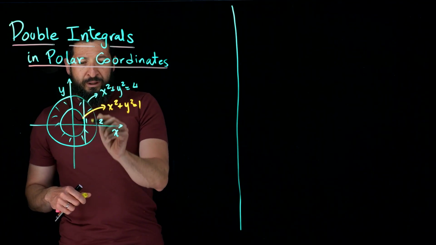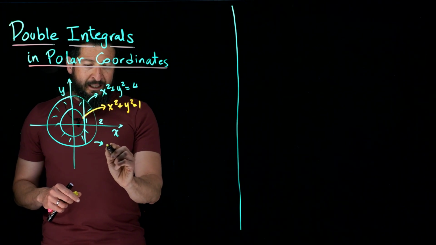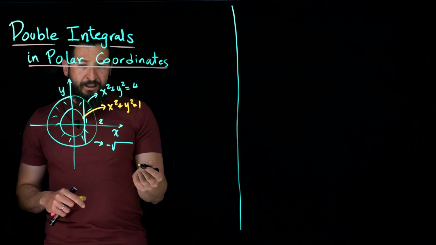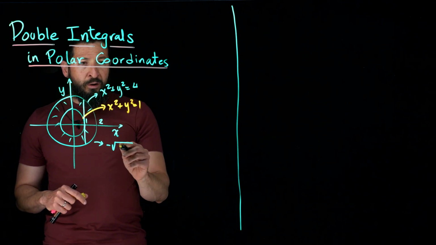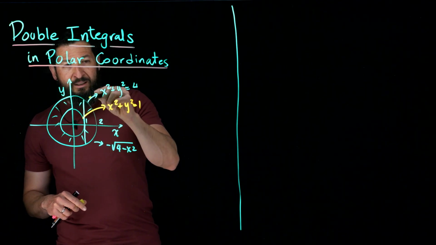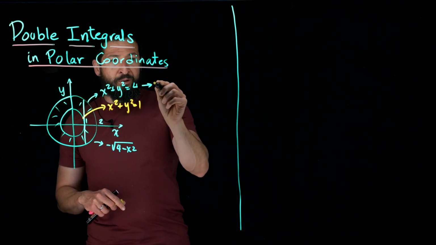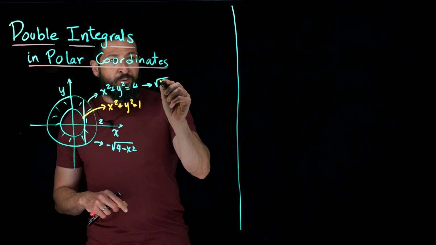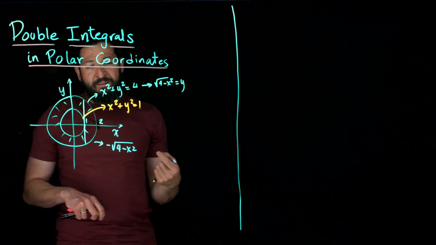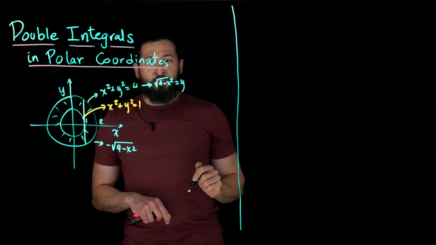This will give you one region where you would be going from the negative square root, I'm going to solve this equation for y, so you'd have the negative square root of 4 minus x squared, and then you would integrate to the positive square root of 4 minus x squared for the y. So your y would be going from negative square root of 4 minus x squared to positive square root of 4 minus x squared.